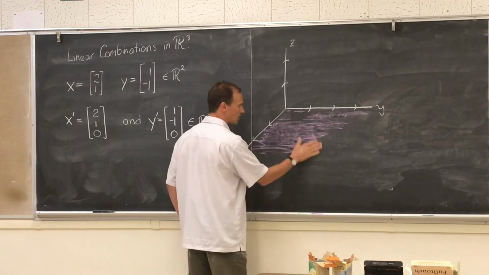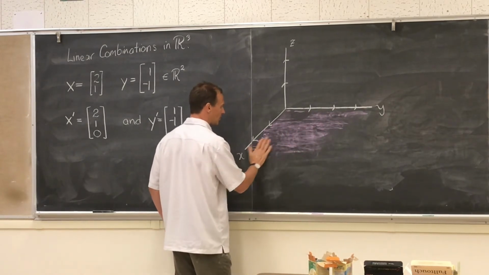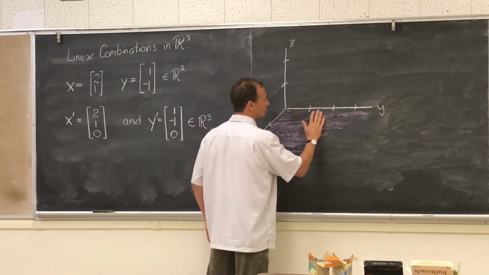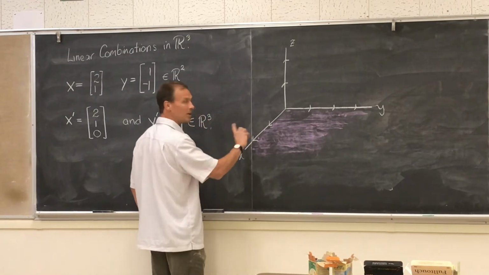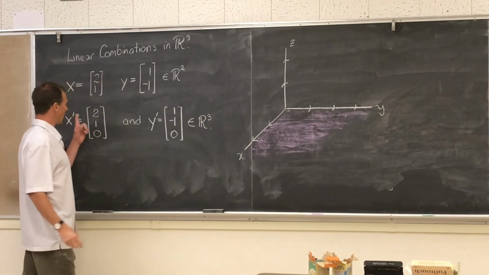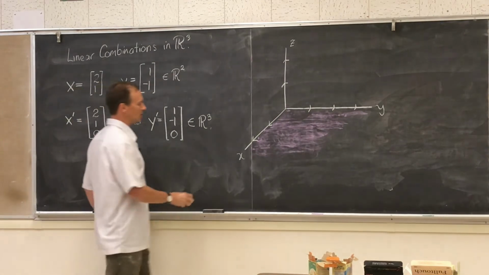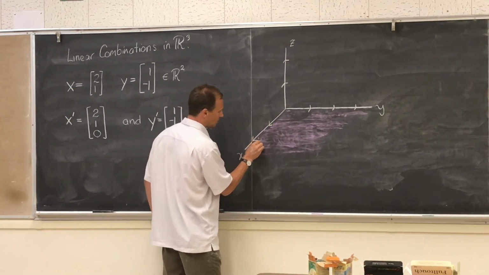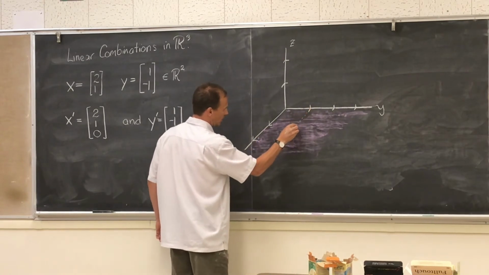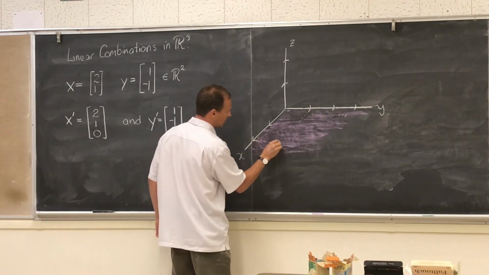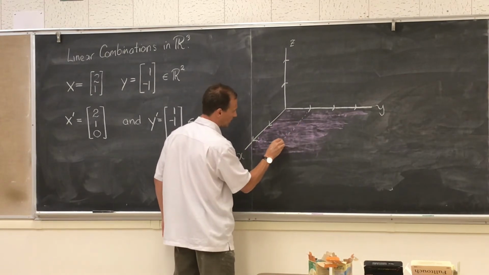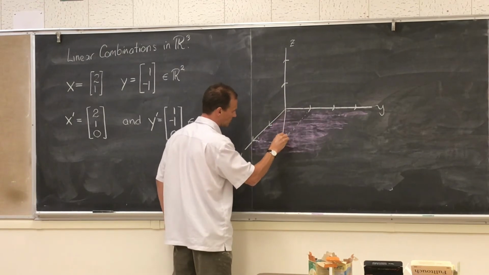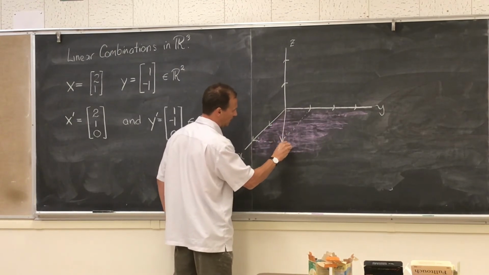When we're in here, you're graphing just like you would have when you first learned on a very simple Cartesian coordinate system in 2 dimensions. So when I'm here, the vector x prime, 2, 1, 0, means you go out 2 units in the x direction, and then you move 1 in the y direction. 0 is fixed, and there's my vector x.